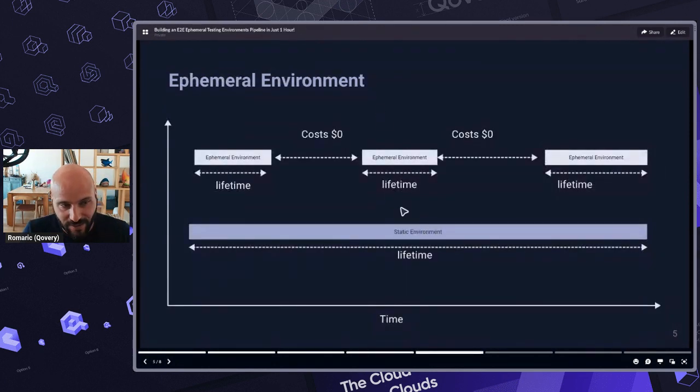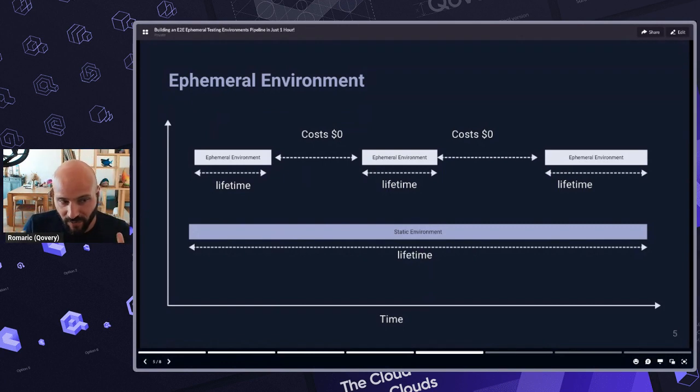All right, as I mentioned, I just added one more slide for the ephemeral environment, to make sure we are all on the same page. The difference between an ephemeral environment and a static environment is that a static environment runs forever. You have one environment, the staging environment, which in most companies is a long-living environment.